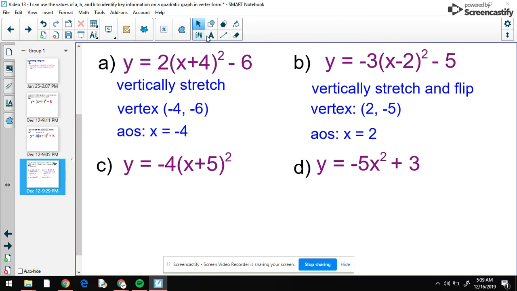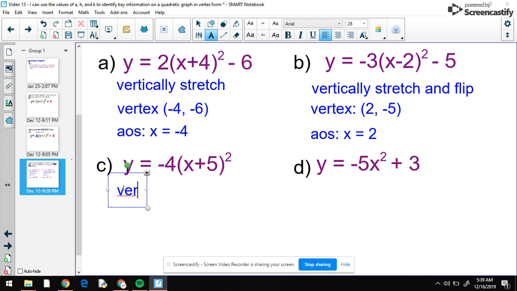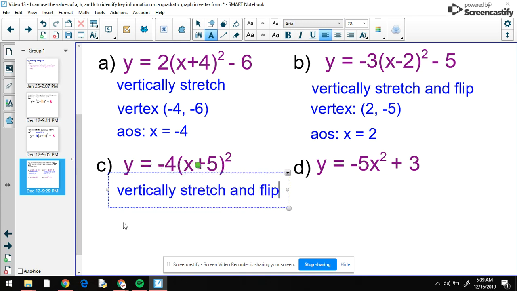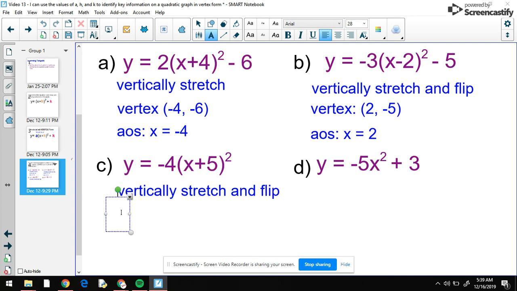So here, again, let's look at the key information that we can identify. So this -4 means our graph is going to vertically stretch and flip. I then need to identify my vertex, which is going to be the opposite of h, so it's -5, comma, k, and there's no k.